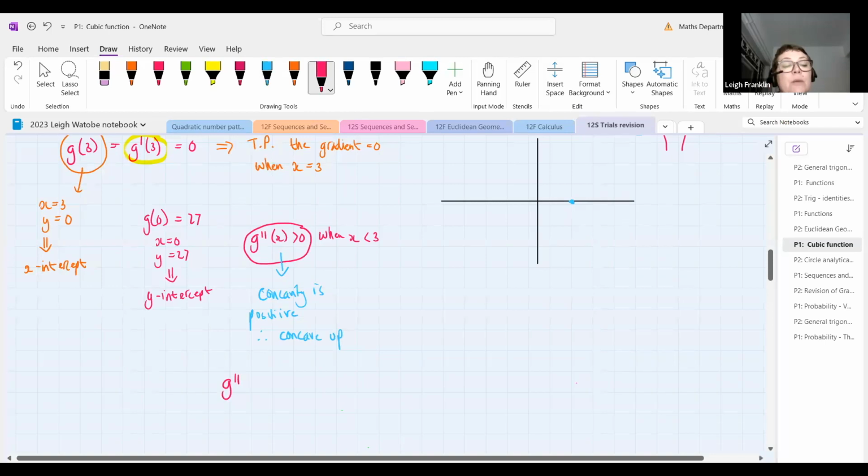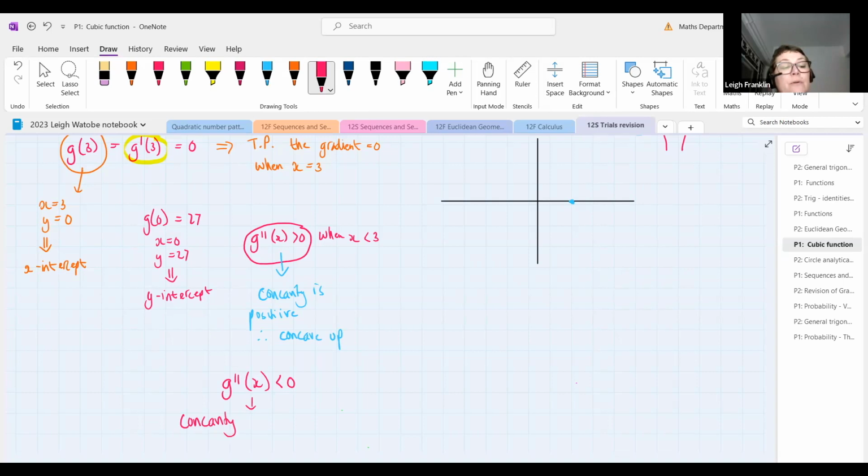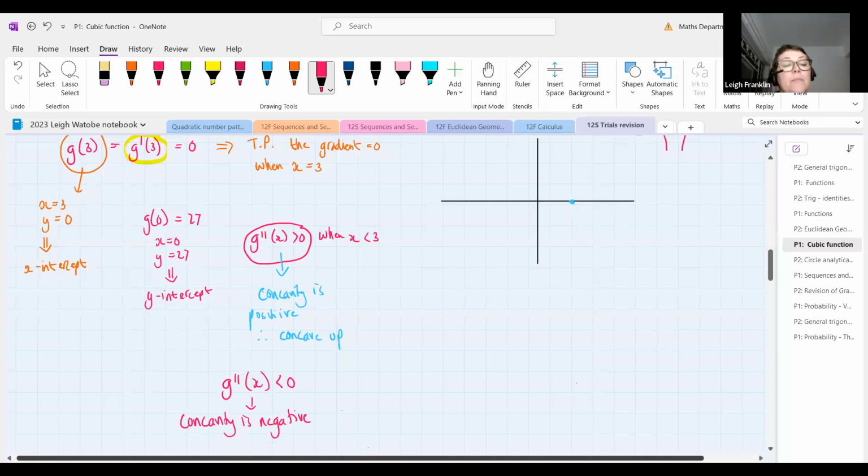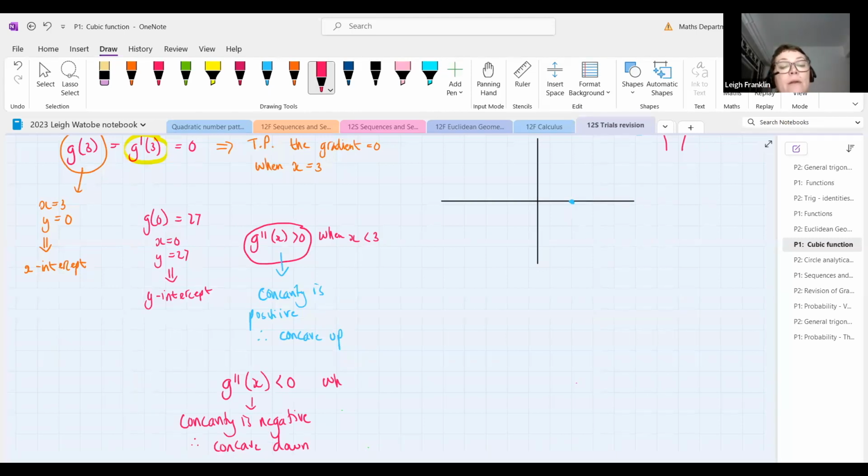So g double prime x smaller than 0 means concavity is negative. So another way of saying that means that it is concave down, and this is when x is greater than 3. So everything to the right of the blue dot is where x is greater than 3.